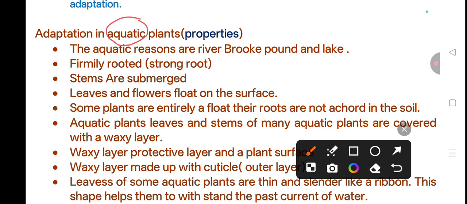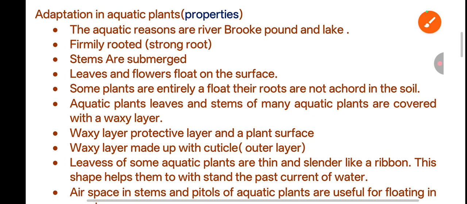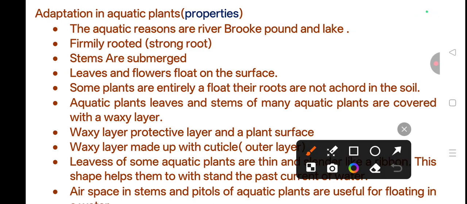What are their properties? We are discussing now. The first point: the aquatic regions are river, brook, pond and lake, and different types of trees or plants are available in the water region.